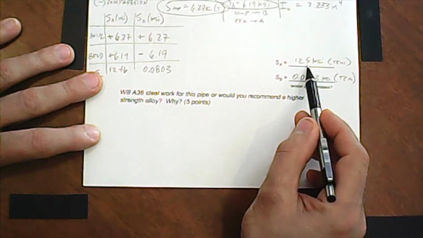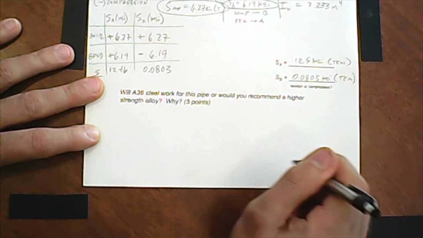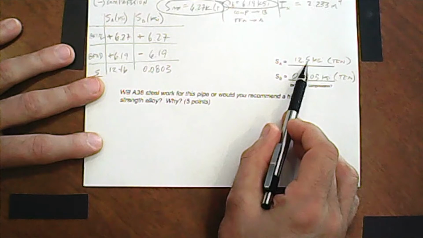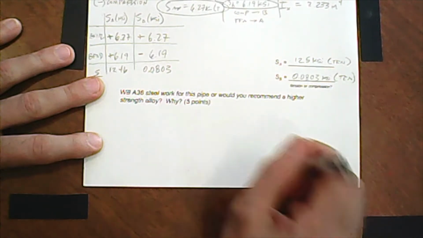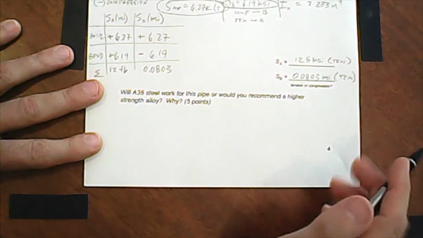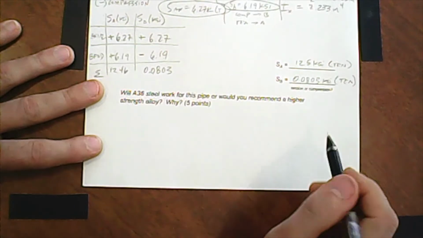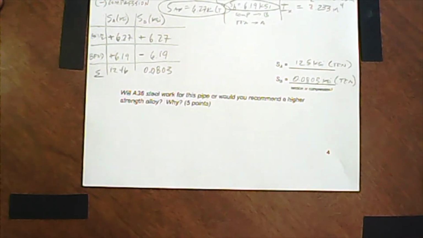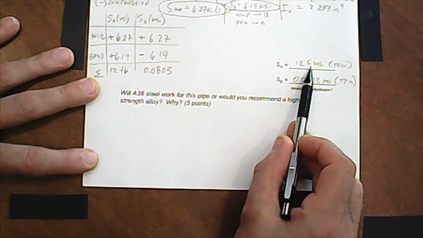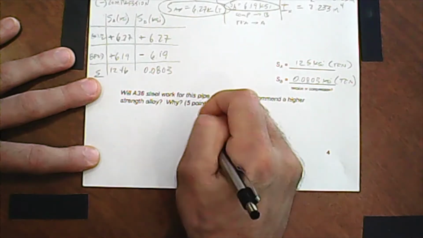A36 steel allows 36 KSI, and we typically put a factor of safety on that, maybe 1.5, so we could allow 2/3 of that. But 12.5 KSI is a little more than a third of the way up to 36 KSI.